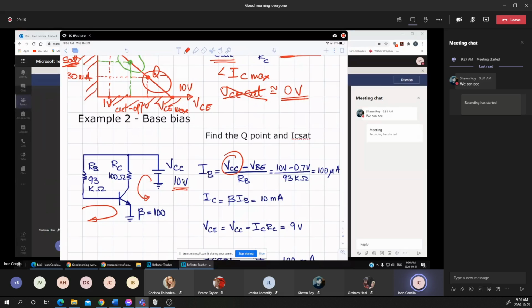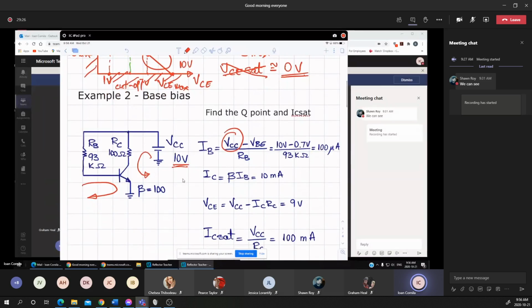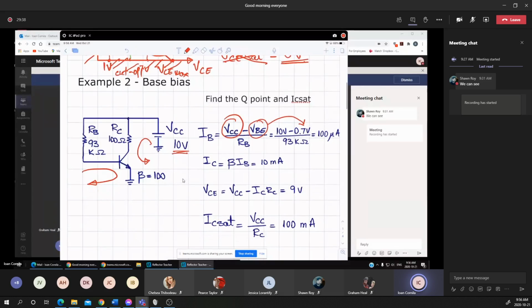I'm applying the same equations, which is just KCL and KVL with a different notation for electronic circuits. IB equals VCC minus VBE divided by RB. We know that VBE equals 0.7, because it must be that for bias.